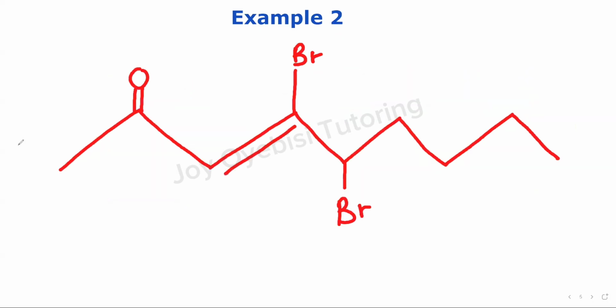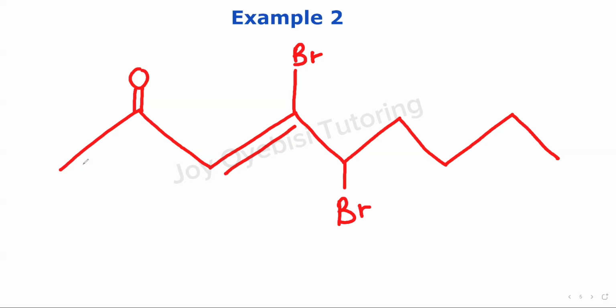The second example I have is this. Here you're given a compound that has a double bond as well as the ketone. The first step, identify your longest continuous carbon chain, and we're going to count from the side that gives the ketone the lowest number possible, and that is because ketones have a higher priority than alkenes.